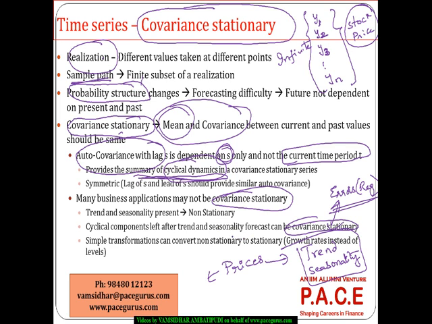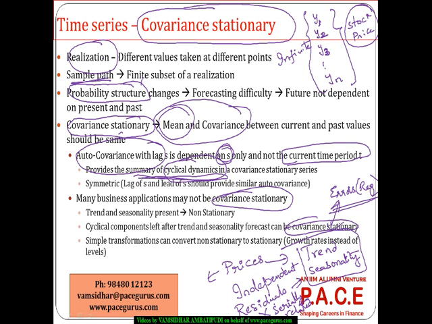So I can use the principle of covariance stationarity to model the error that gets generated in the process, because many a time that error may not be independent. If the residuals, which are the errors, are not serially related, then they are completely independent.